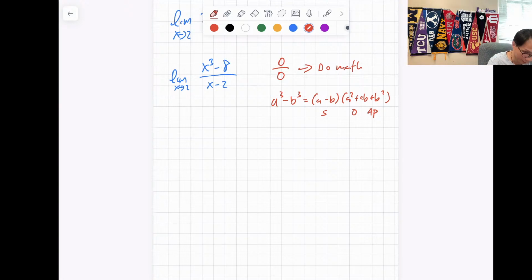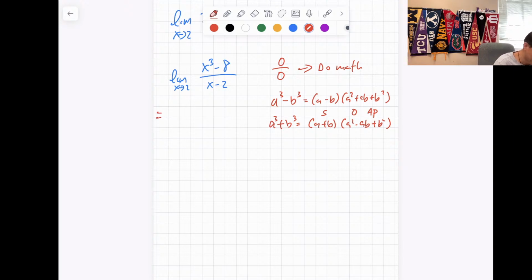And it's just blood type: A, blood type AA, AB, BB. And if you have a cubed plus b cubed, that's equal to a plus b times a squared minus ab plus b squared. So it's also SOAP.